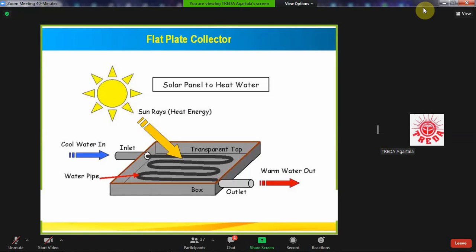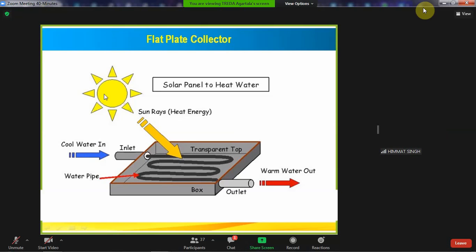This is the picture of the flat plate collector. You see the inlet pipe, the cold water coming from the inlet pipe, and it is revolving through this collector, and the outlet is where the hot water comes.